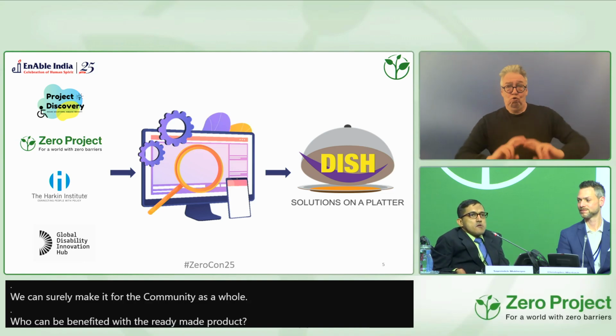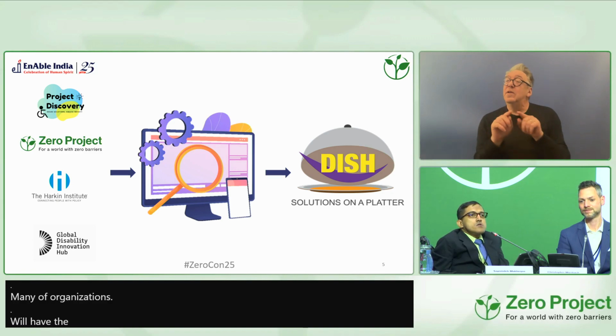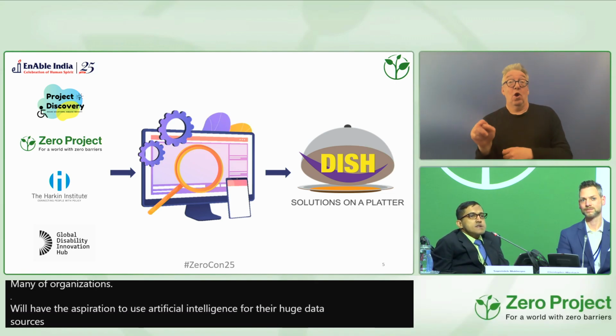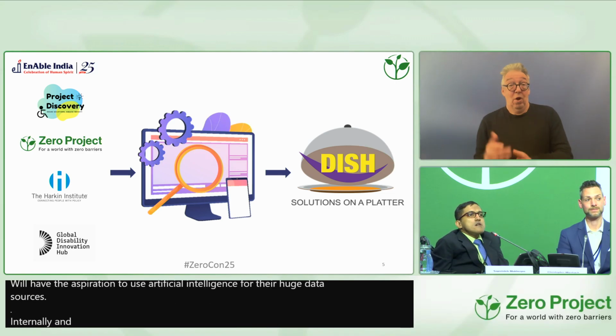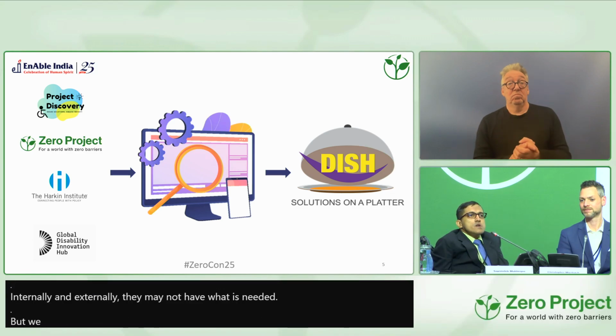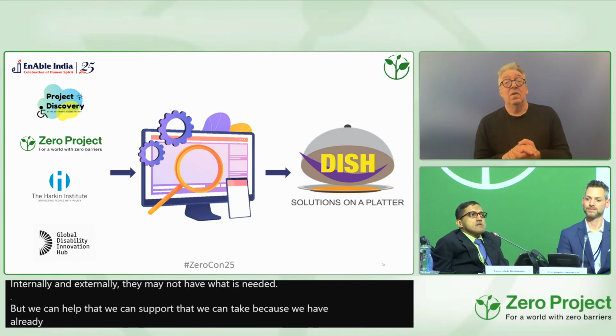Many organizations will have the aspiration to use artificial intelligence for their huge data sources, internally and externally. They may not have what is needed, but we can help and support that, because we are already using it.